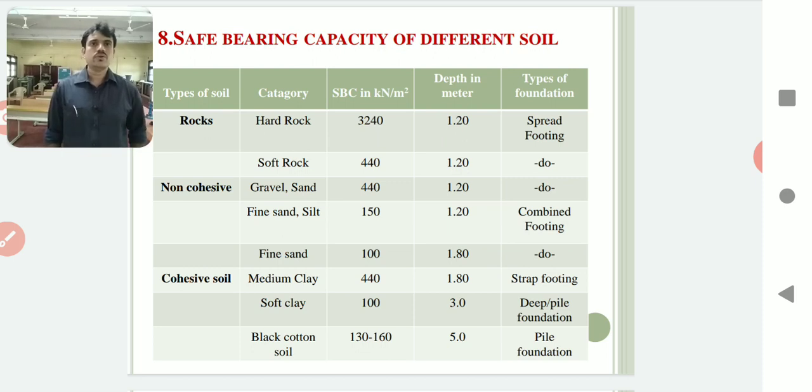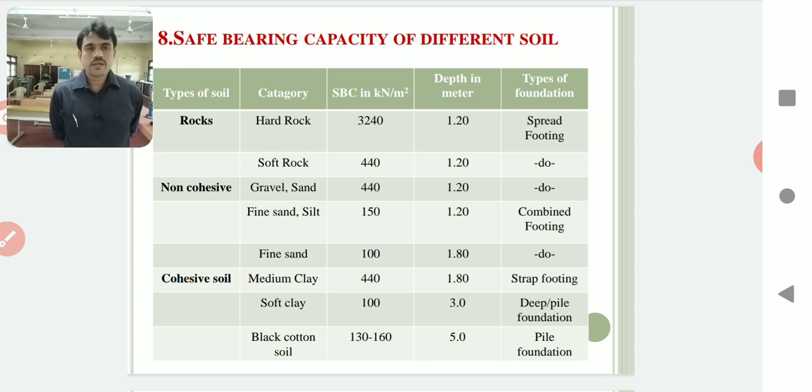So you can observe here, for rocks it will be 3240 kilonewton per meter square. Definitely it is incomparable compared to other types of soil. You can compare here non-cohesive gravel or sand, it varies up to 450 kilonewton per meter square.